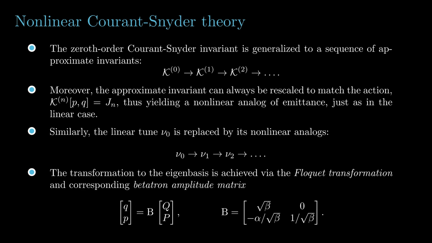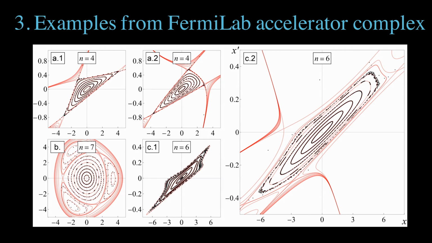Now, let's turn our attention to a series of figures that illustrates this method for several circular accelerators at Fermilab, which differ significantly in both design and purpose. Third integer resonance slow extraction in the Delivery Ring machine for the Mu2e experiment, panels A1 and A2.